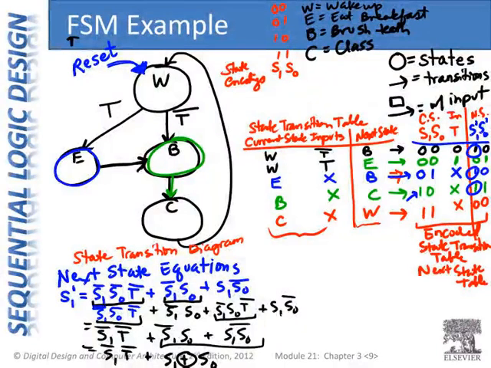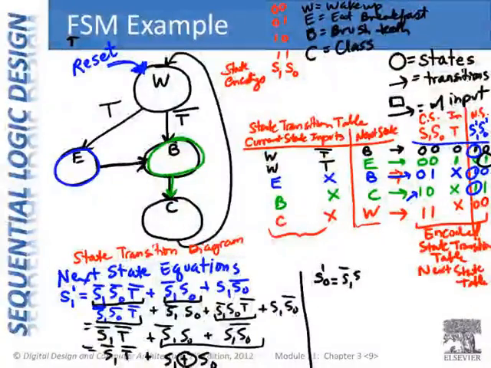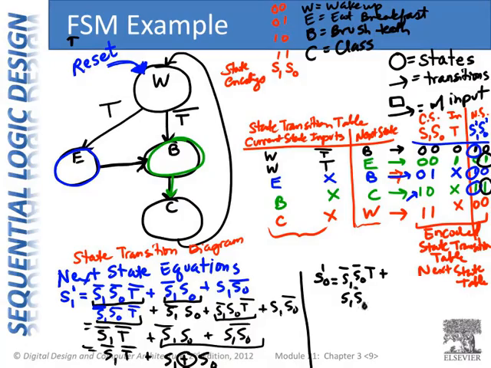And now we can write the equation for the second output. S0 prime is going to be equal to, well, that one. That's going to be S1 bar, S0 bar, and T, or that one, again, sum of products, S1, S0 bar. So again, we can use covering to expand that second term.